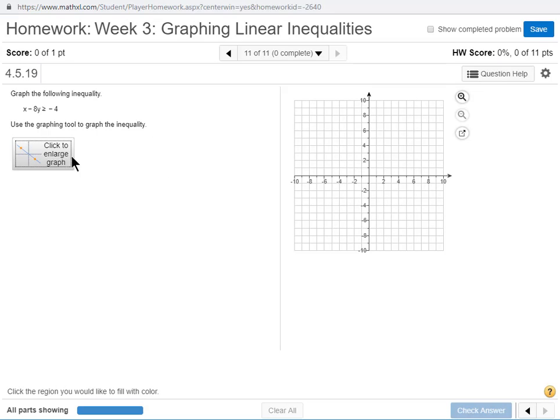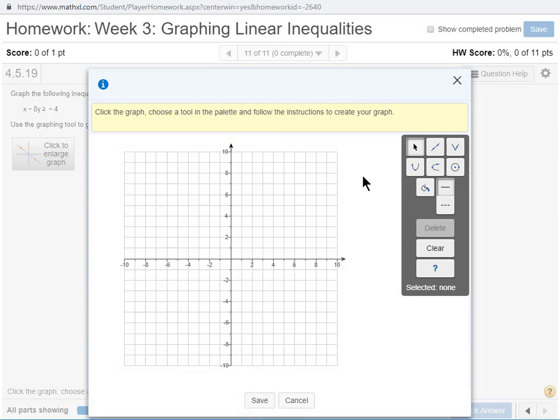Here's our problem. So I'm going to click on enlarge graph, and I'm at my pointer now. I want to graph a line. My y-intercept is 1/2, so I'm going to hit here, and then I have my slope. My slope is the change in y's over the change in x's.